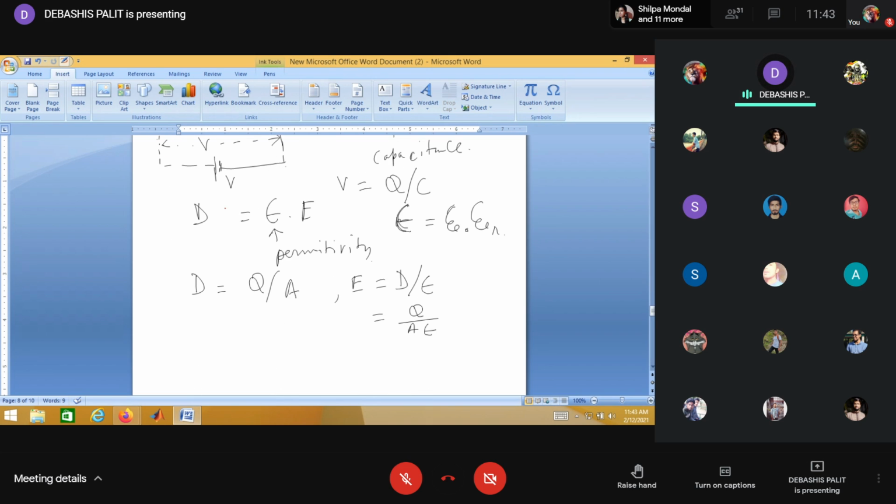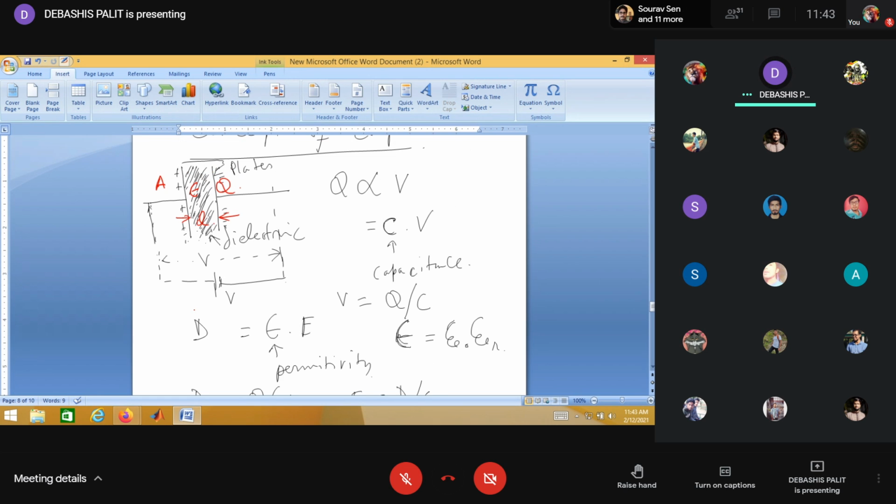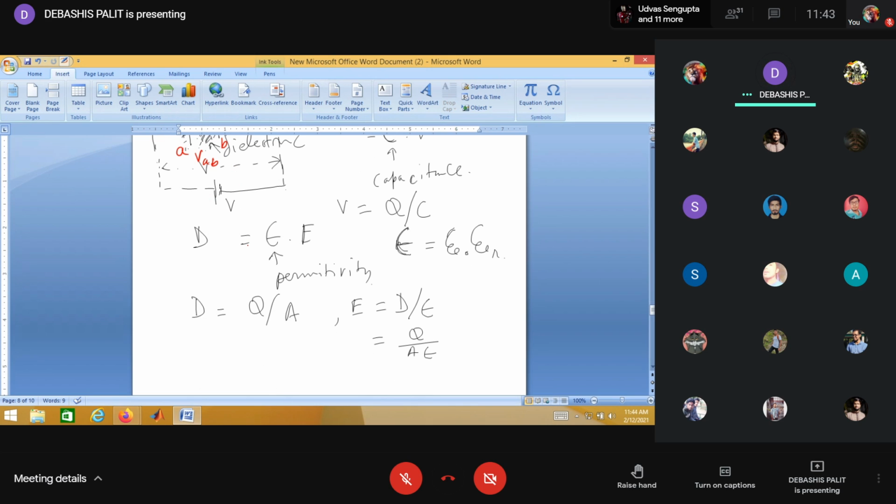Now, consider the potential difference between the two plates. Say this is point A and this is point B. So the potential between the two plates, V suffix AB, for a charged capacitor.